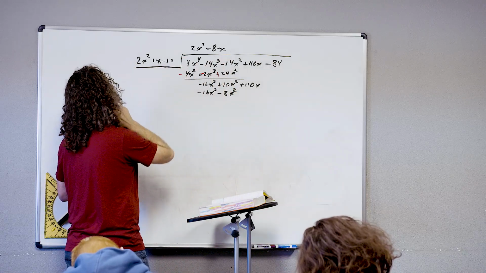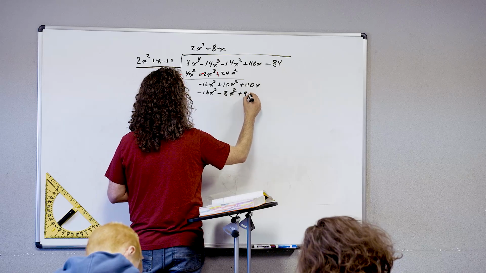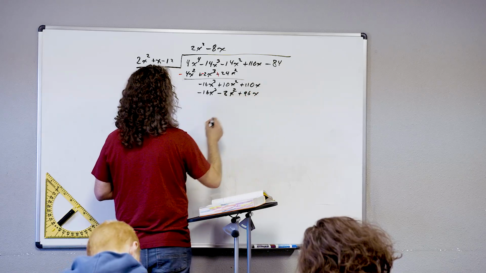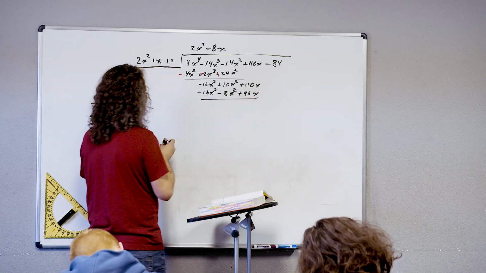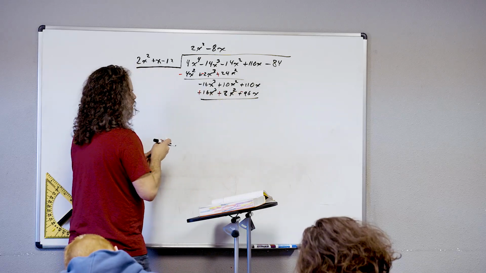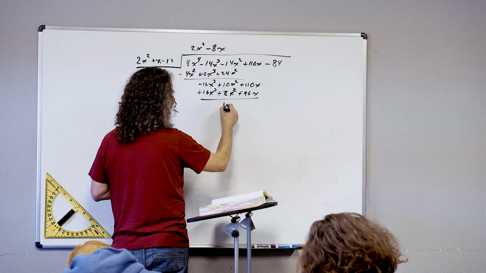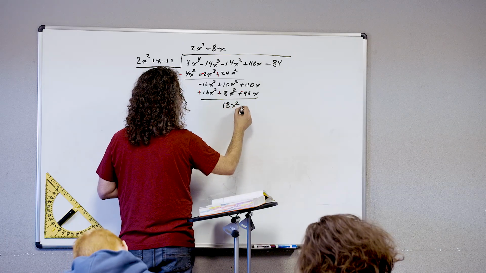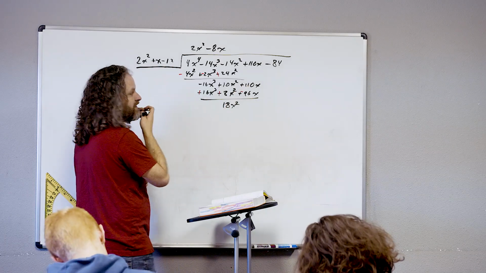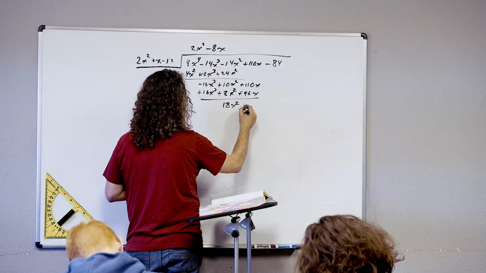Negative 8x times negative 12 is positive 96x. Then we subtract. That cancels. 10 plus 8 is 18. 110x minus 96x is 24x.